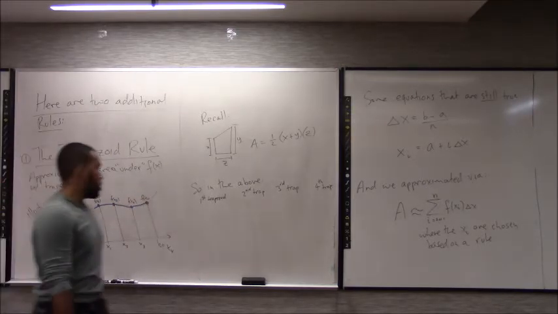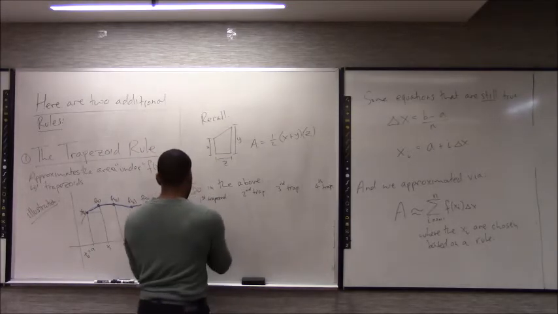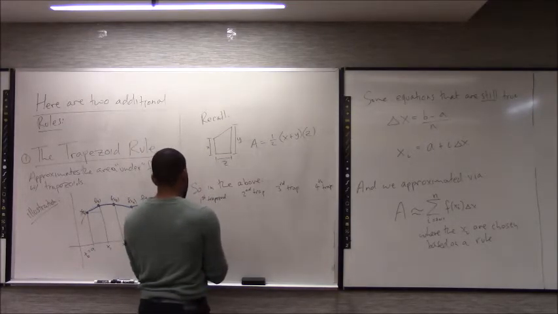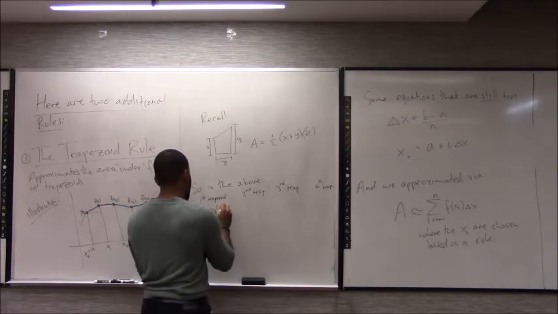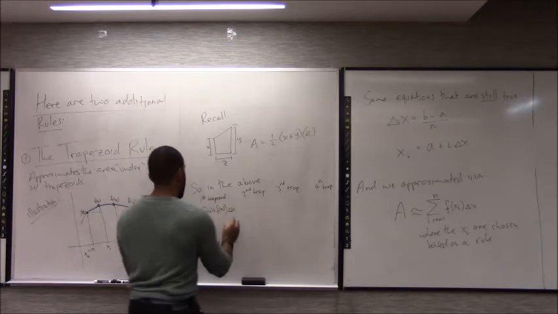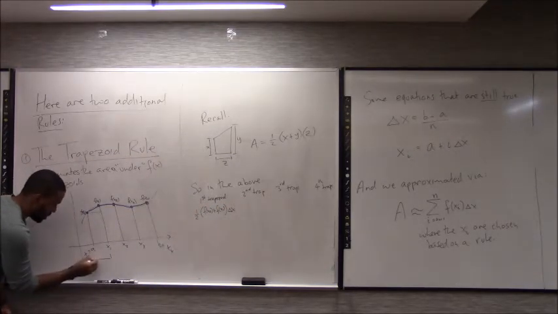And so for the first trapezoid, it is 1/2 the sum of the two parallel sides, so this is f of x0 plus f of x1 times the distance between them, which by our definition is delta x.